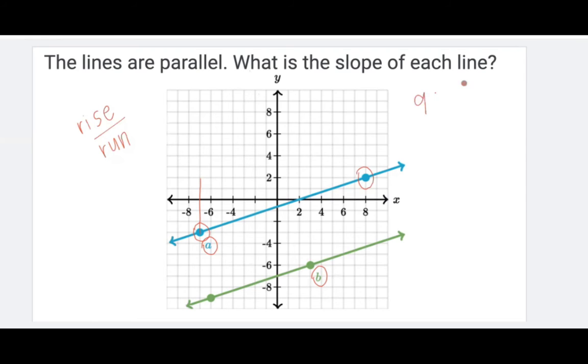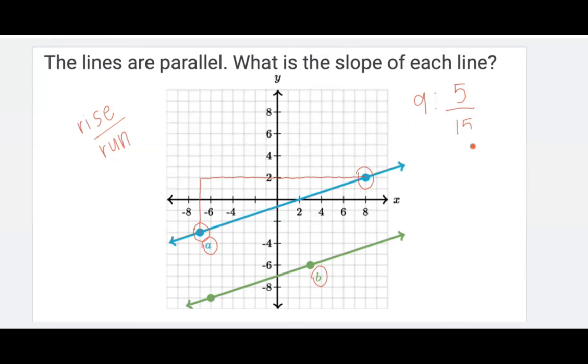So our rise will be 5 over our horizontal run, which will be 1, 2, 3, 4, 5, 6, 7, 8, 9, 10, 11, 12, 13, 14, 15 units across.